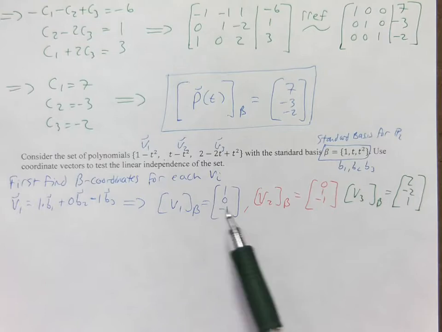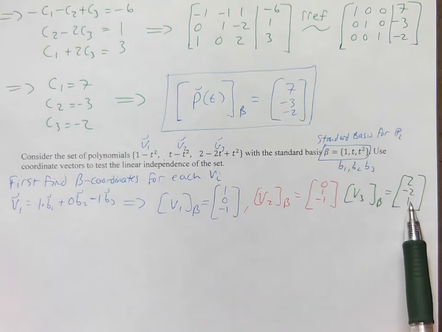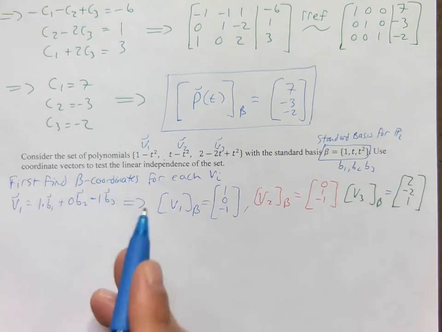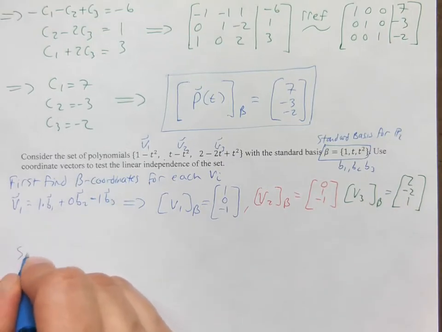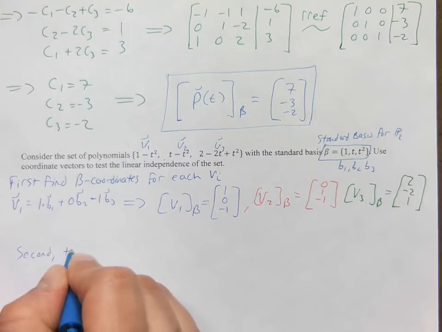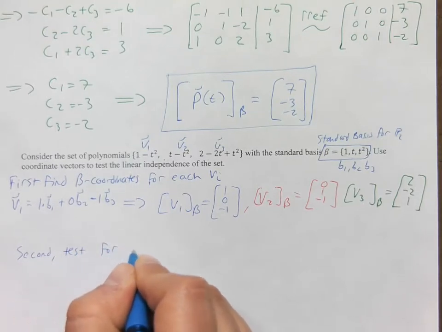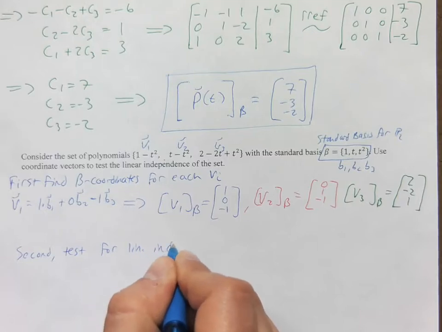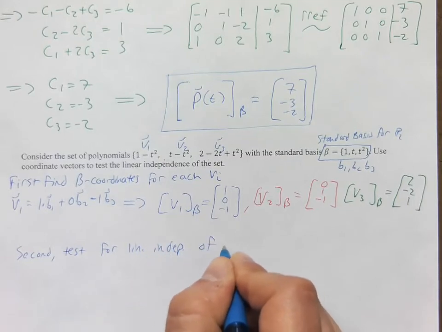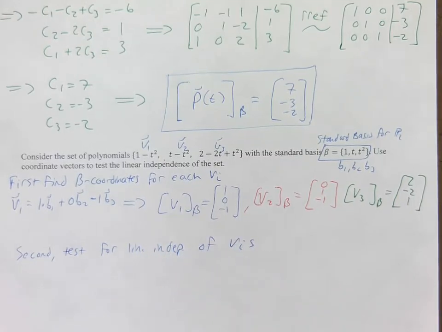And so we know how to test for linear independence using vectors in Rn. So first, find the beta coordinates. Second, let's test for linear independence of the vi's.